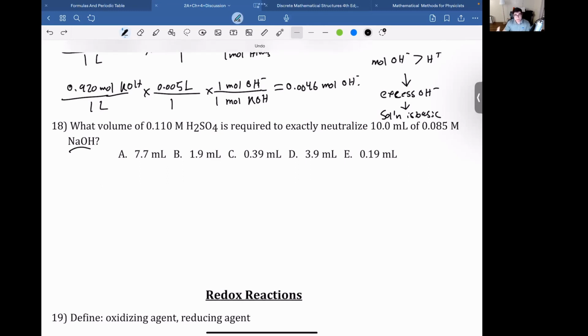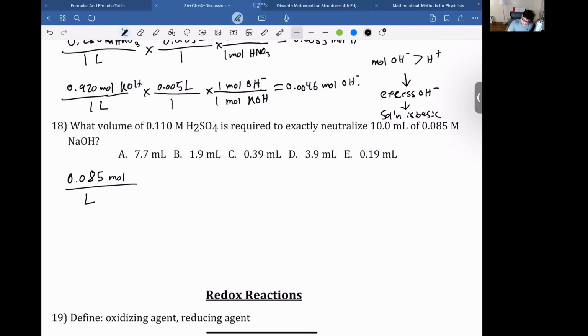So let's figure out how many moles of NaOH we need to neutralize. We start with 0.085 moles per liter of NaOH. We have 10 milliliters of NaOH, 0.01 liters.